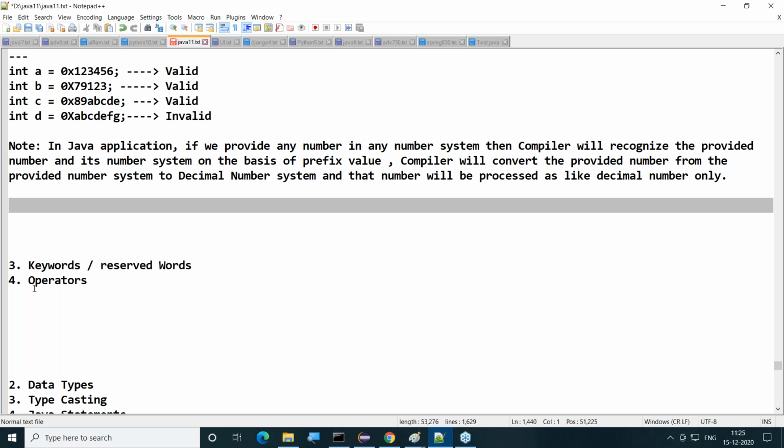This is the point we have to understand clearly.